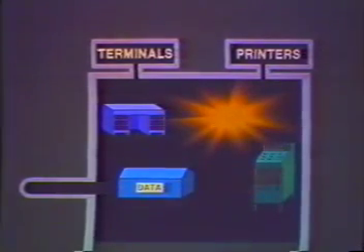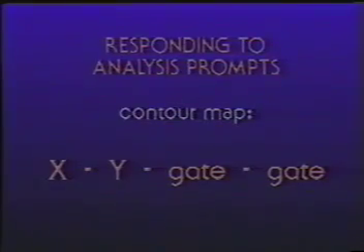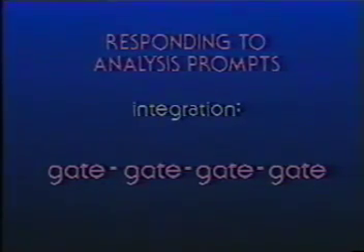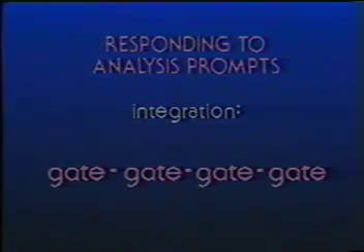If you answer the sensor prompts by entering an X-axis for one channel, Y for another, and gates for the remaining channels, the analysis machine will generate a contour map. Entering X for one channel and gates for all others delivers a histogram displaying data from the indicated channel. Lastly, if you enter either an open or limiting gate for each parameter, the analysis machine will calculate the percentage of cells in the gated population.